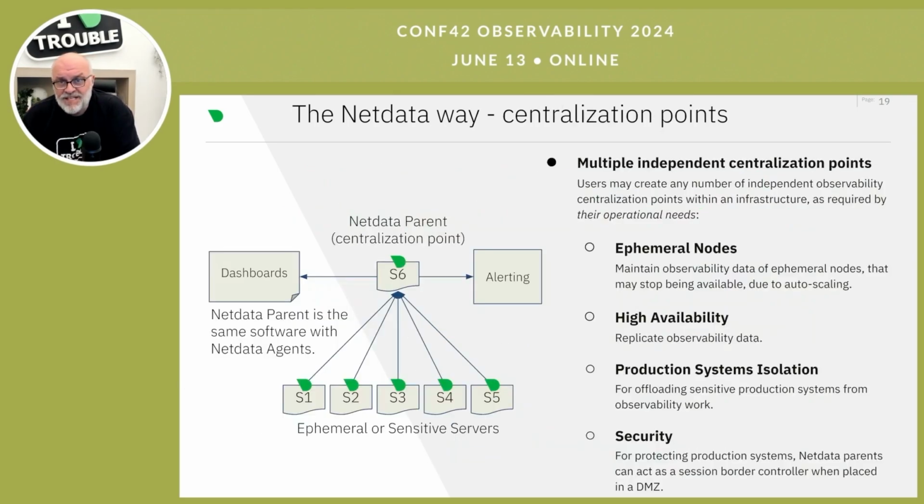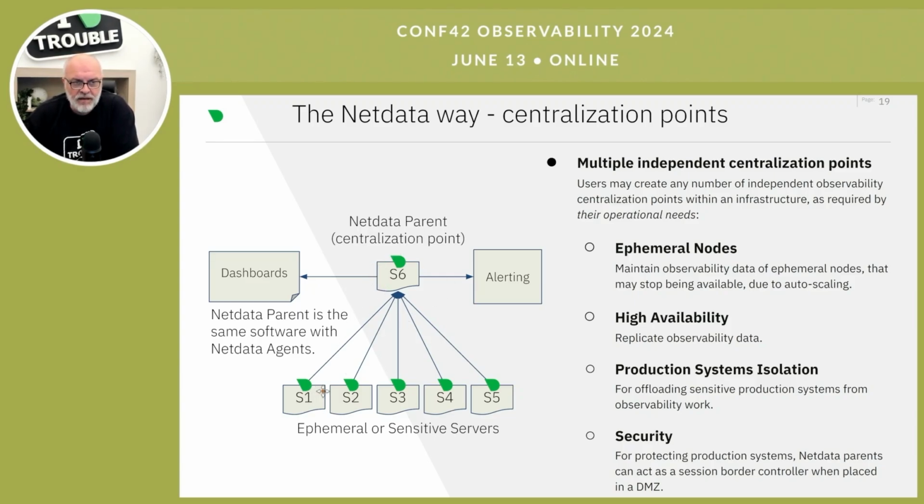If you want to build centralization points, it works like this. You appoint one Netdata, S6 in this case, as a parent for all the others, and then all the others can be offloaded. So they don't need to be queried, they don't need to store data, or they can store data only for maintenance work in the parent.